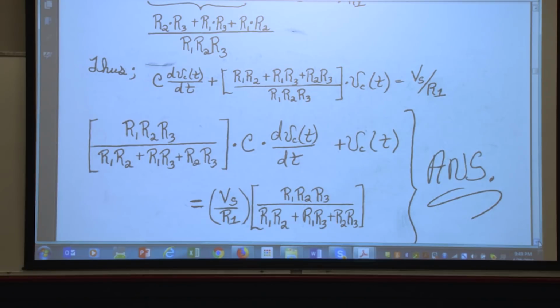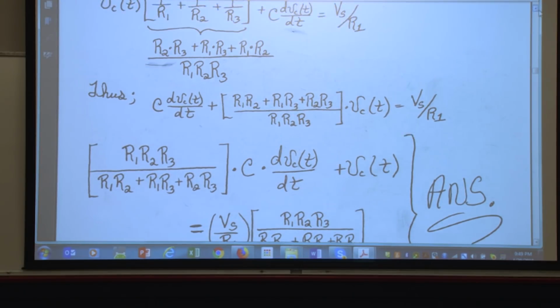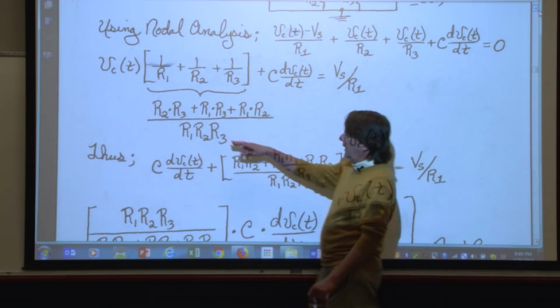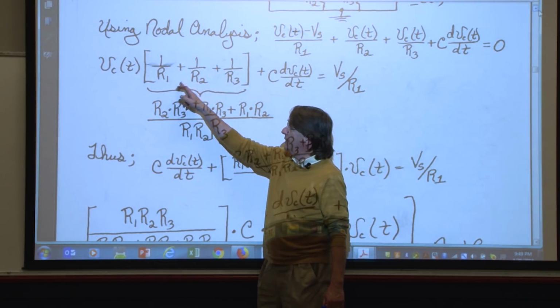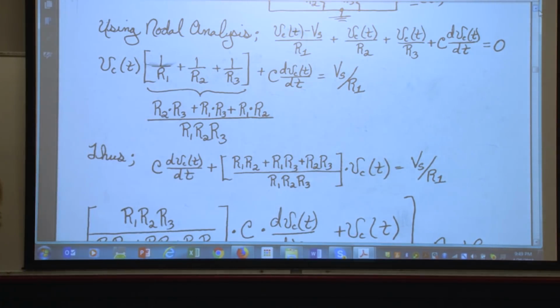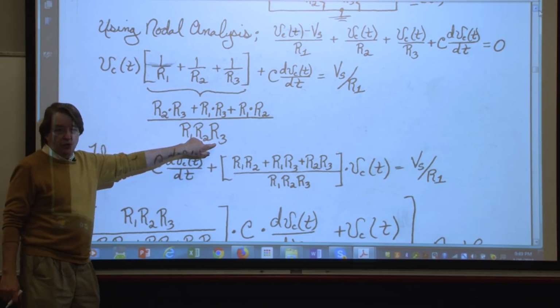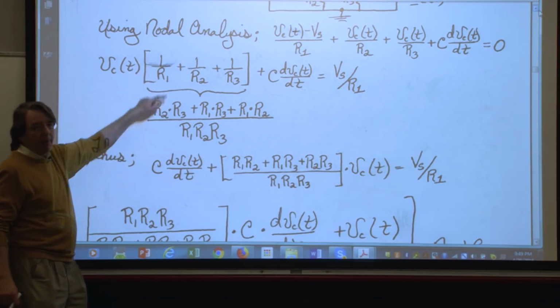So how do I know what this is? I find the common denominator, which is R1 times R2 times R3, right? And then I say R1 goes into this common denominator R2 times R3 times, and I multiply it by 1.